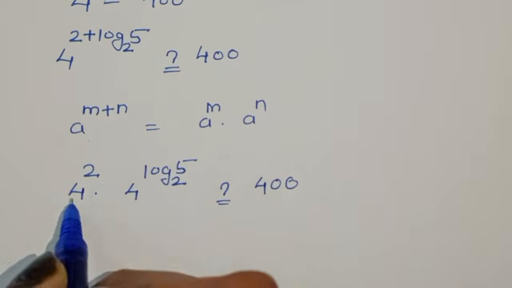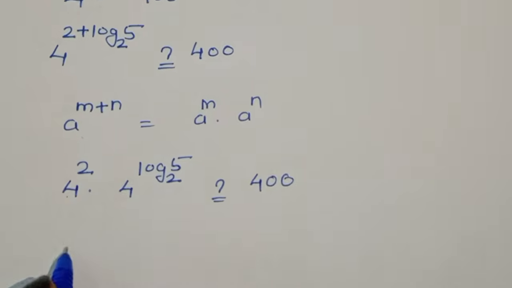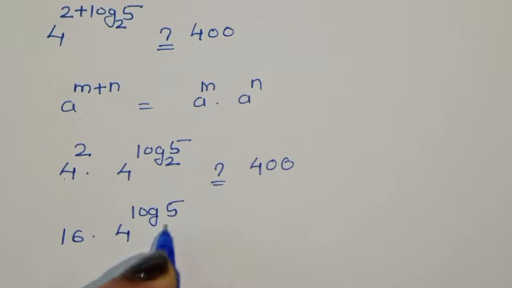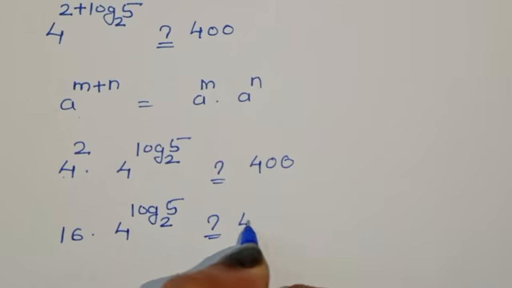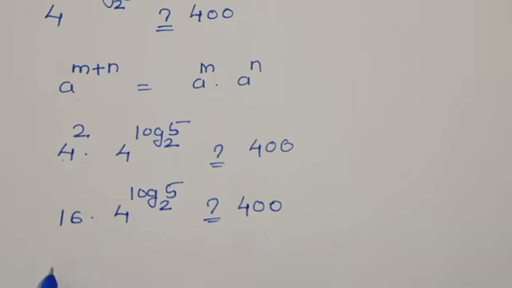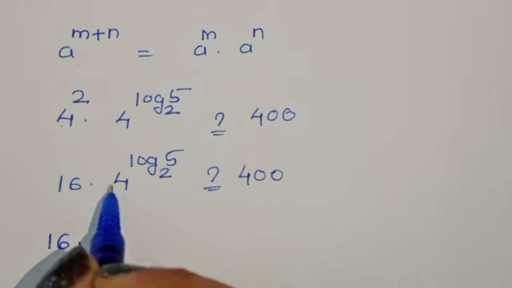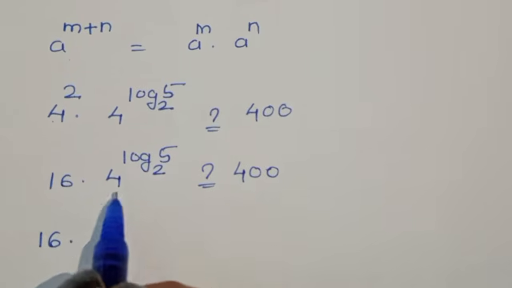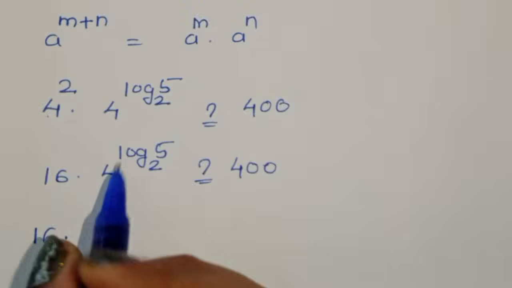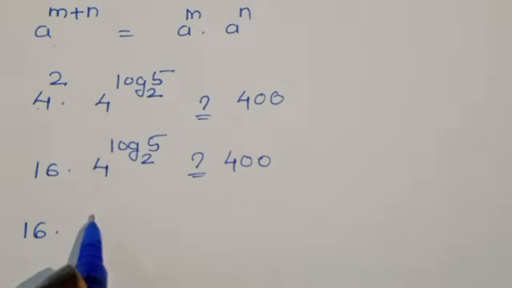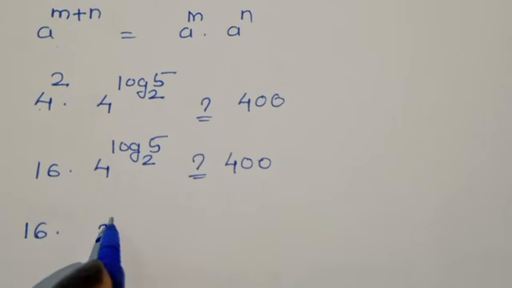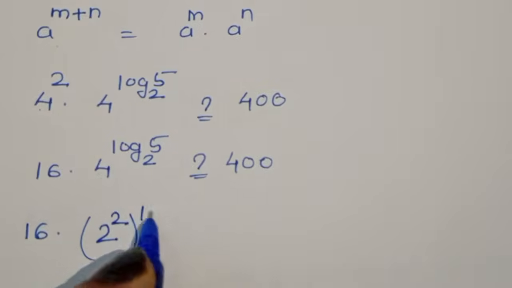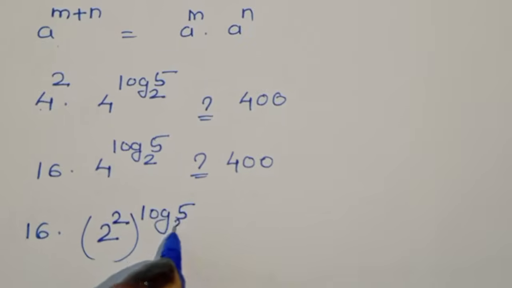Now 4 power 2 is 16, times 4 power log of 5 to the base 2, question mark 400. This 4 we can convert into square form, so it will become 2 square. So 16 times 2 square power log of 5 to the base 2.